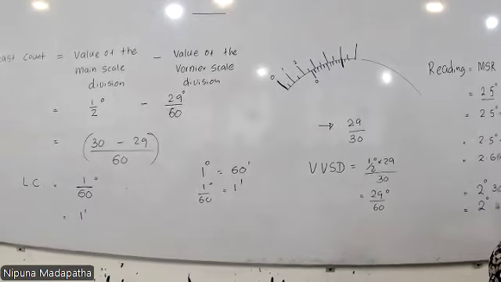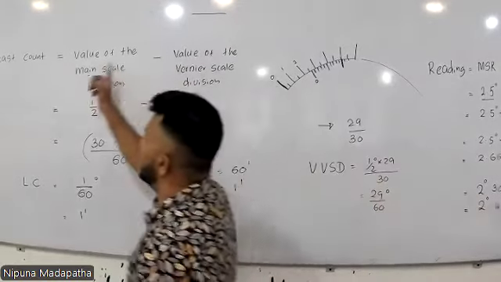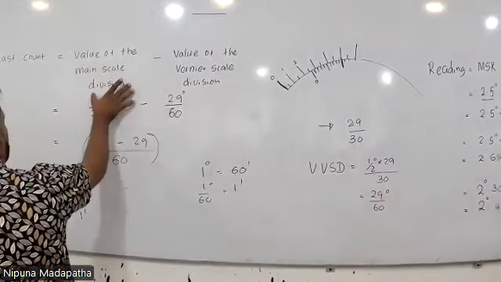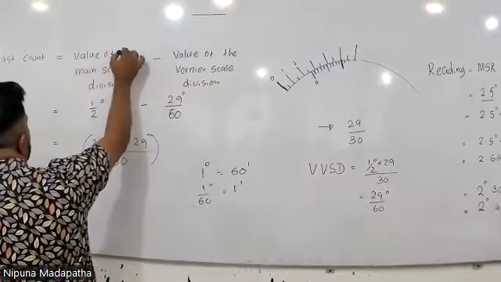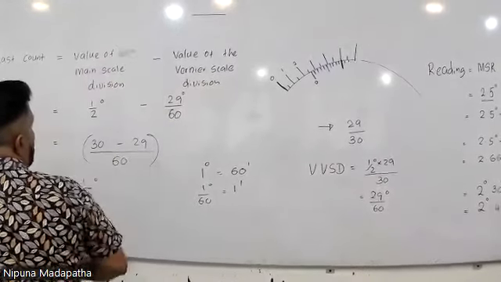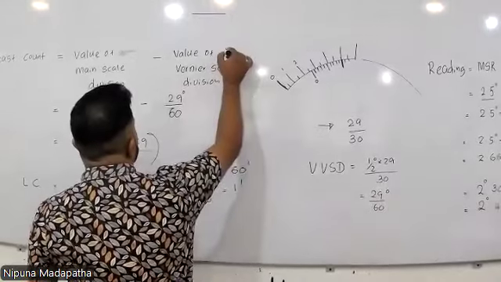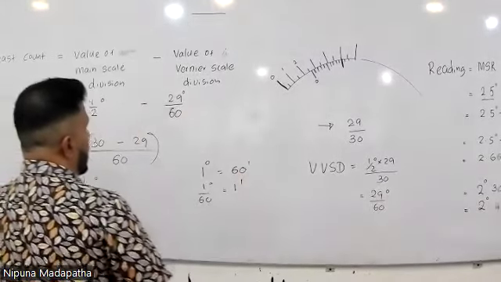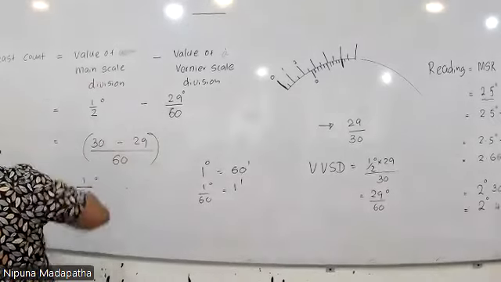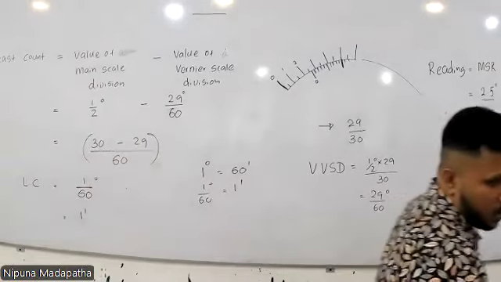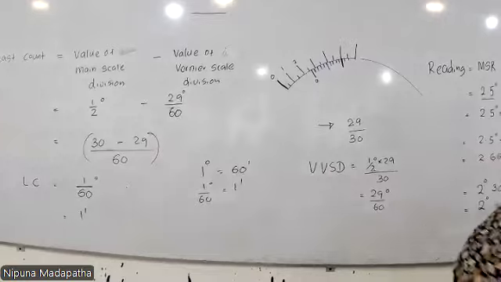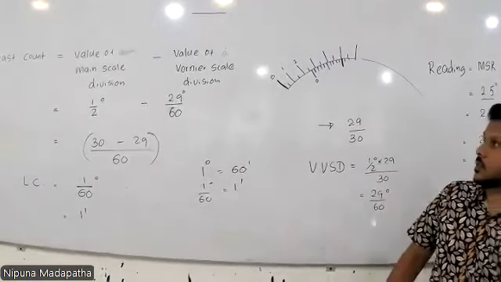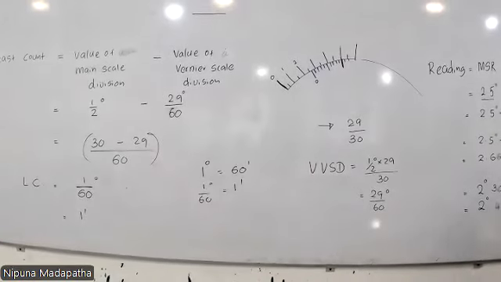Write the expression: least count equals the value of a main scale division minus the value of a vernier scale division. Write only the expression.